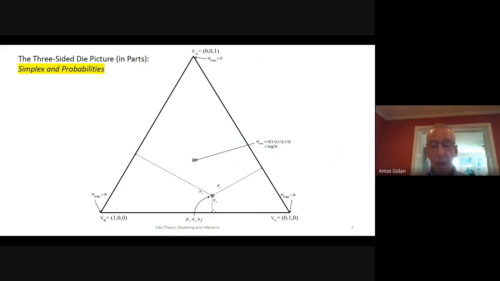Because on this line, all of the probability of P3 is exactly 0, because remember, this is the distance to P3. And this is the center of gravity where all of the probabilities are equal: 1/3, 1/3, 1/3.